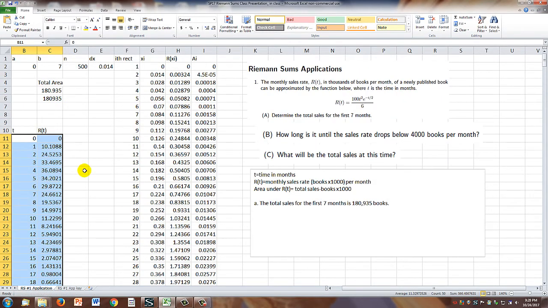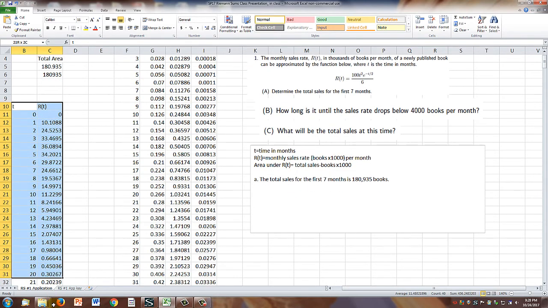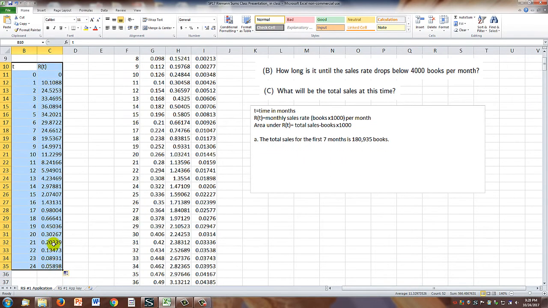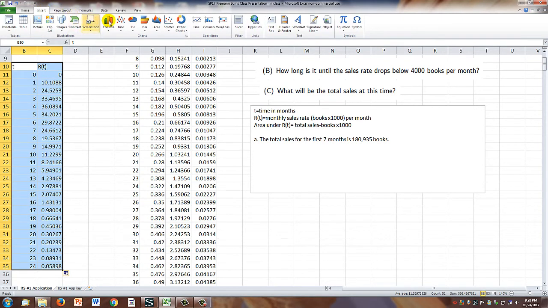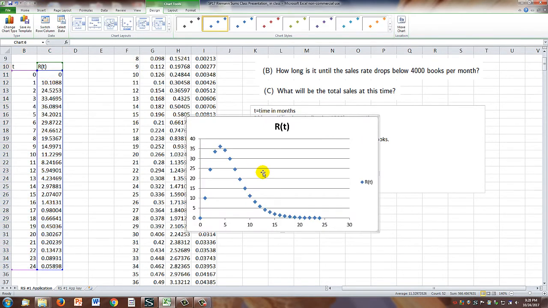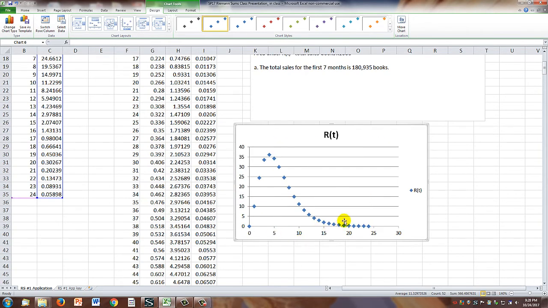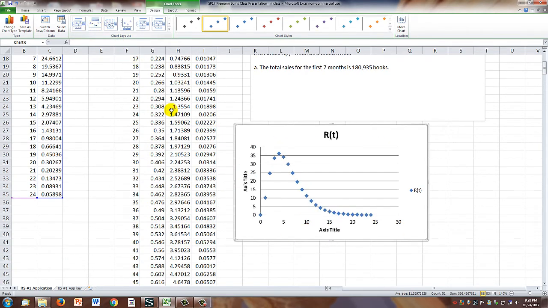Okay. Now what I want to do is I still think the best method is to use the eyeball method. So I'm going to graph this. And there is our function. And remember what this is. Let's add it. This is T for time in months. And this is sales rate.